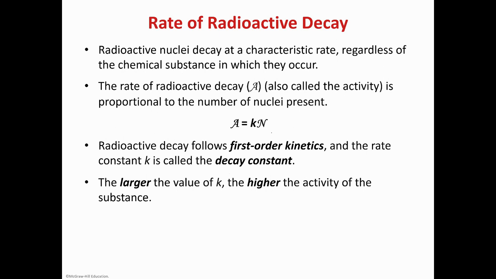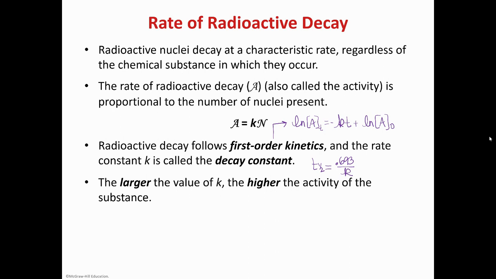If you recall, first order had the following: ln of the concentration of A at time t equals negative kt plus ln of the initial concentration. And then we also had the handy equation 0.693 over k equals t 1/2. If this is sounding not familiar, you need to go back in your notes and look at where we began with the idea of first order reactions that obey the first order rate laws.